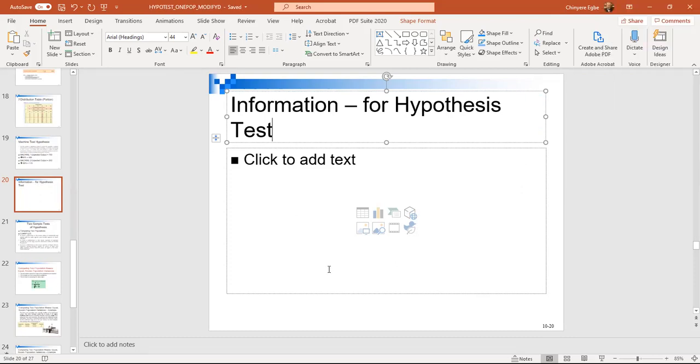All right. So let's pull up the information that we have for this problem.